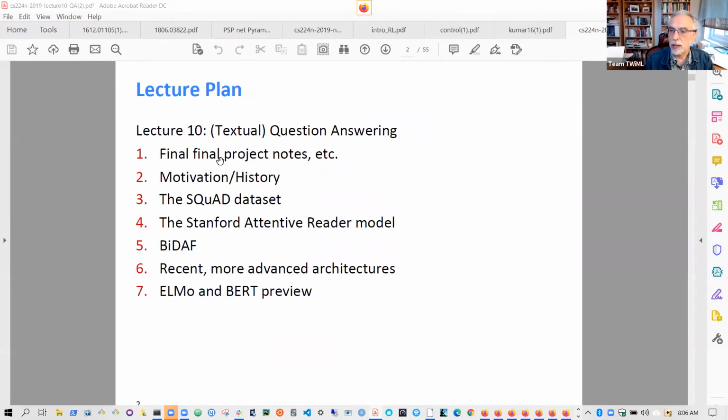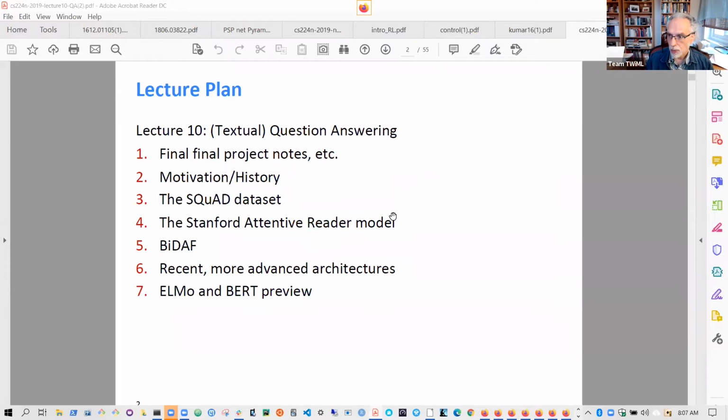He starts with the lecture plan he's going to cover. The first part is final project notes and so on. But then he basically talks about the SQuAD dataset, which was actually invented by one of the graduate students in his program. And then the question answering model that they built, which was built by one of his TAs in the program who's now gone somewhere else.